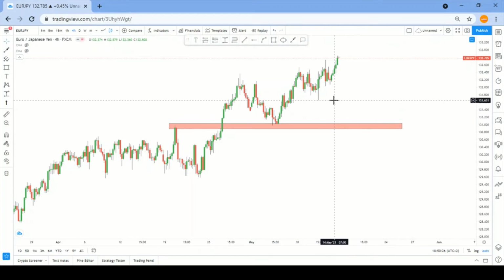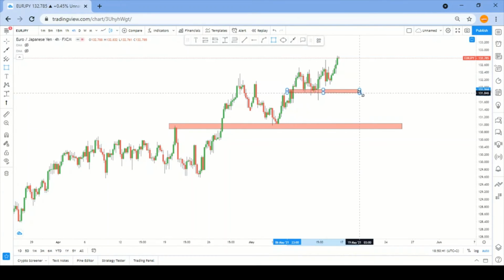I'm gonna move my crosshair. I don't see anything else. I honestly don't know what to do with this pair this week. I'm going to be drawing in a little value area over here. I guess that would do. Not too confident about this pair.